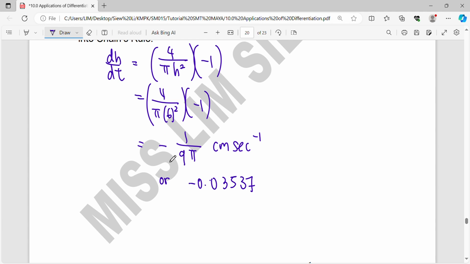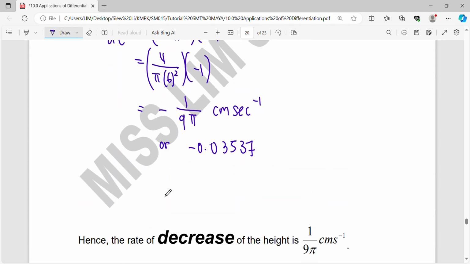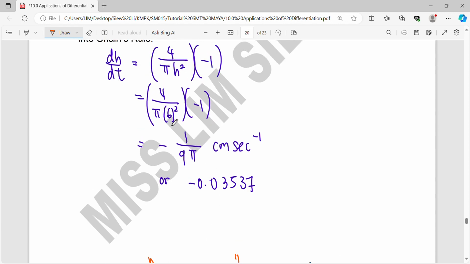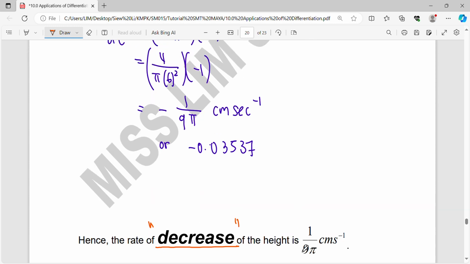Then you can see our rate of change here is negative, which means we explain in a sentence that it is decreasing. The rate of decrease of this height is 1/(9 pi). So when I already say decrease, the negative no longer needs to be written. The negative is already represented in words, which is decrease.